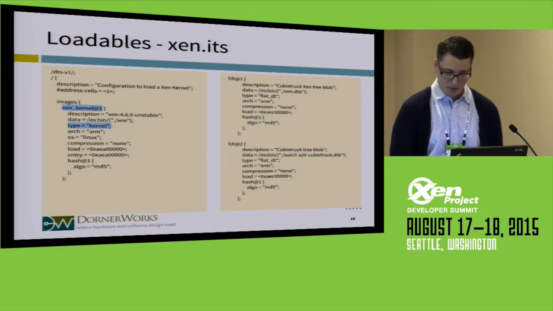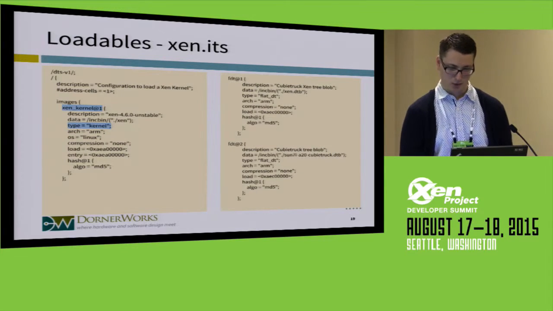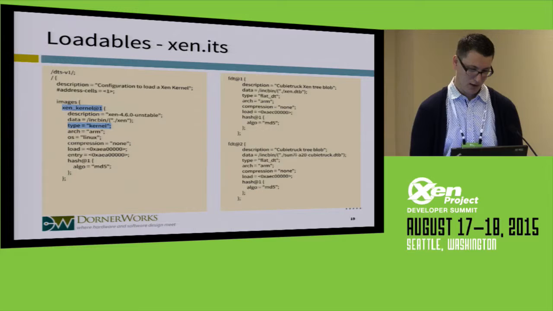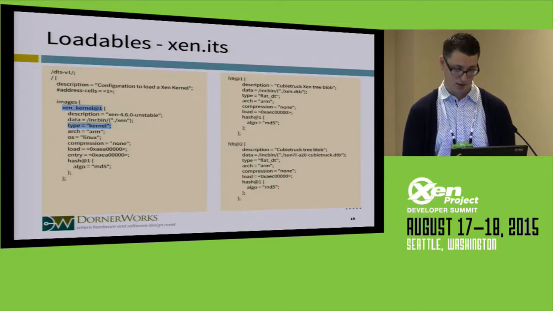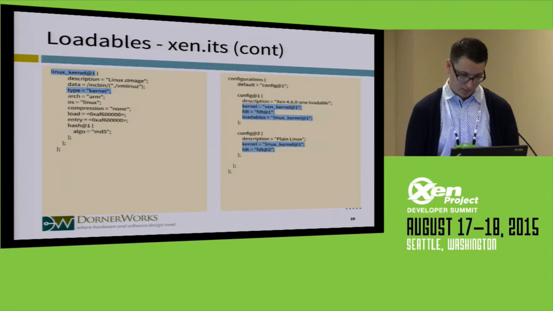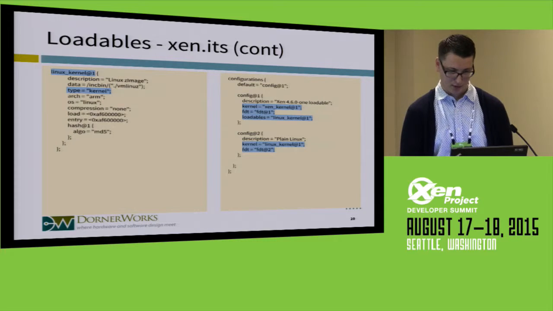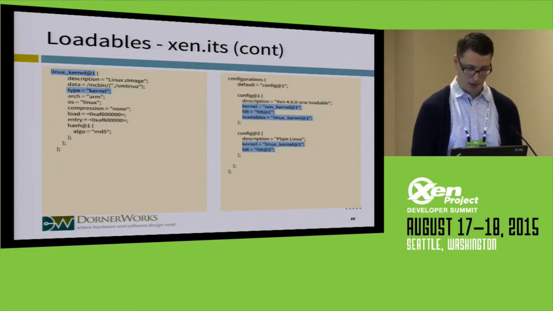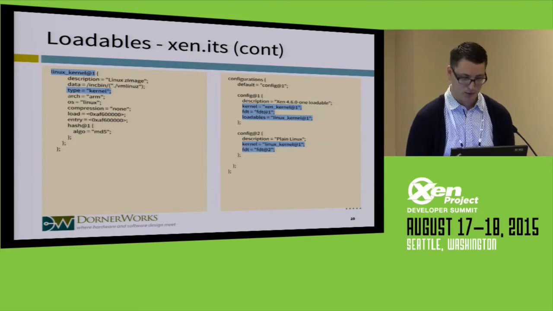So here's a full example of a source image tree for a Xen system now that loadables is implemented. Here you can see we have our Xen kernel defined as type kernel, and we have two FDTs defined. One is for use with Xen, and one is for use without Xen. We also define our Linux kernel. We also define it as type kernel, and then we have two configurations.